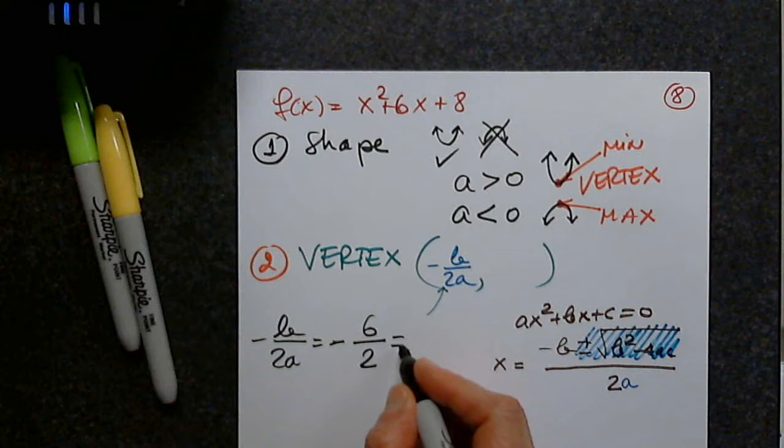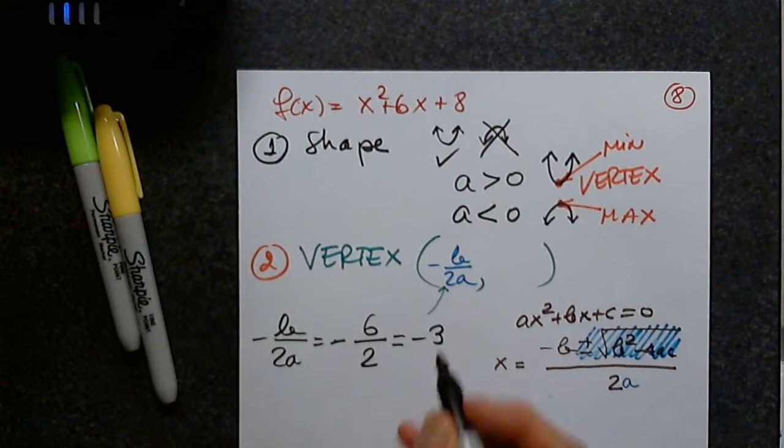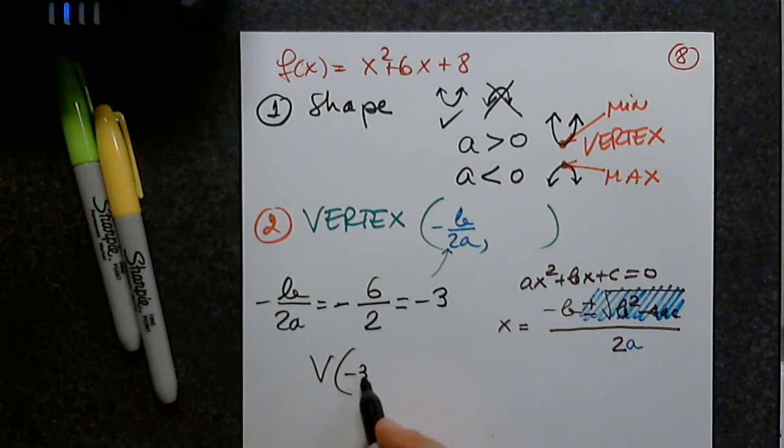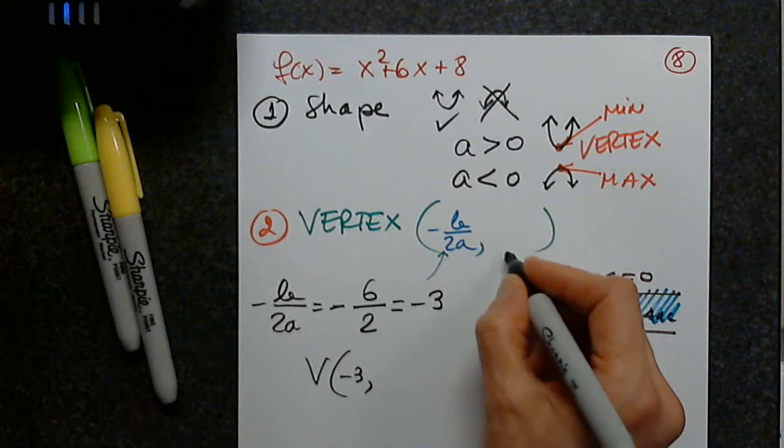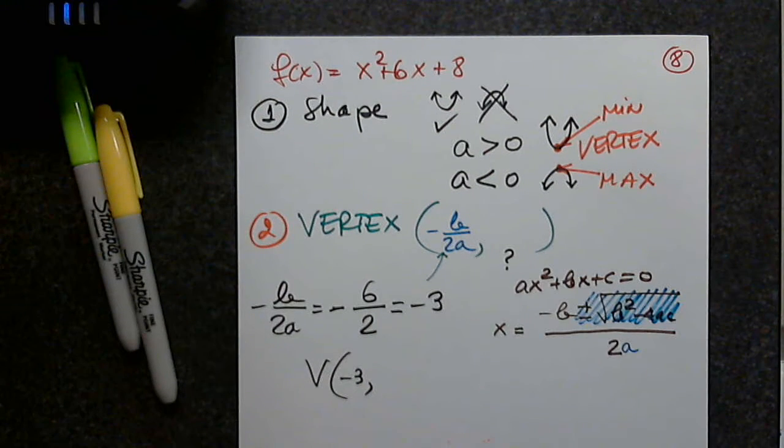Good, so the answer is? Good. So the vertex has the x coordinate negative 3. How do I find the y coordinate of this point? Y equals a times x plus h squared plus k. Right, of course.